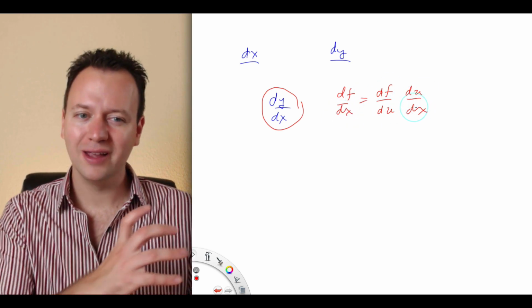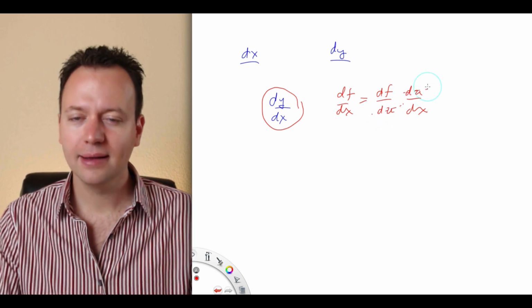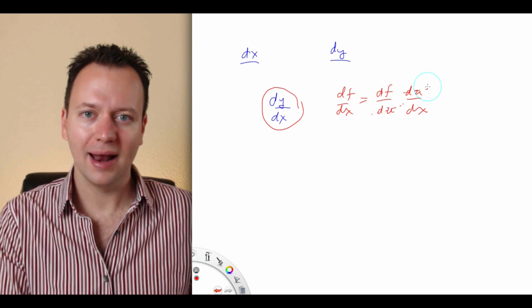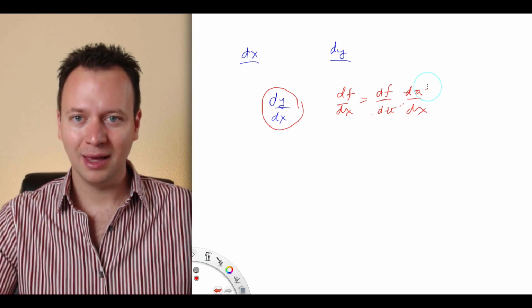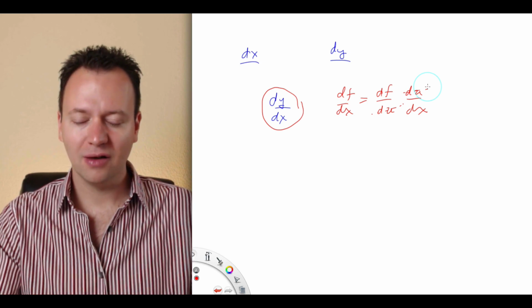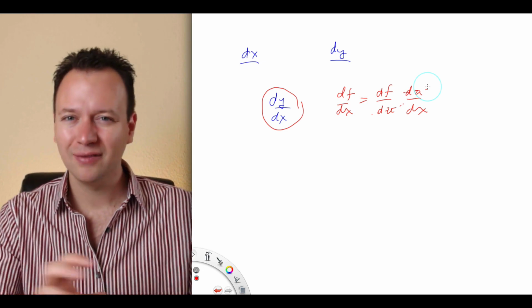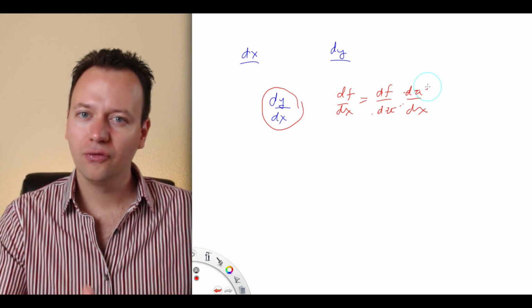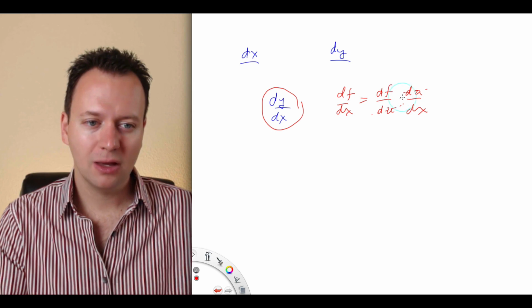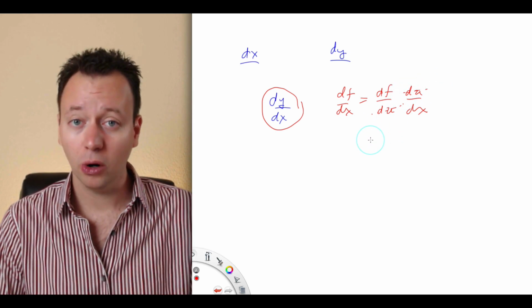Essentially, you can think of the du's canceling, even though that's not proper mathematics, because df du represents one limit, the limit definition of the derivative, whereas du dx represents a different limit, and those limits have to somehow work together. It can be viewed that way, as though they're canceling out, because it does work.